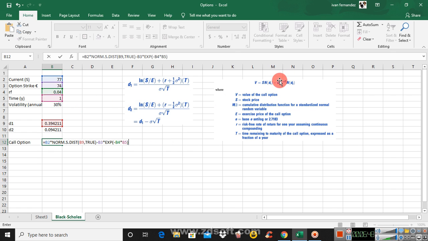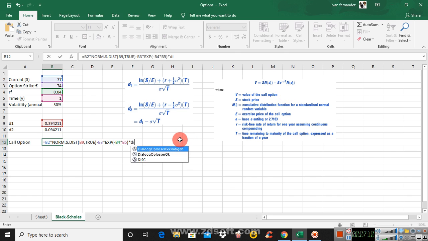Okay, so I just did this piece right here, which is the strike times E raised to the negative R times T. And that is multiplied by the last term, which is the normal cumulative distribution of D2. So we're going to do it again.